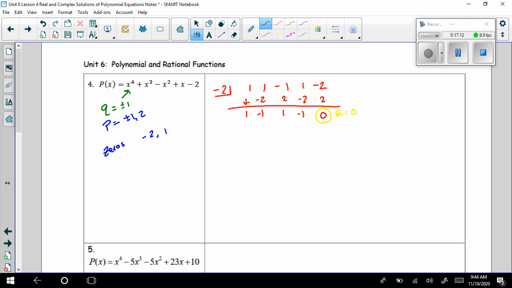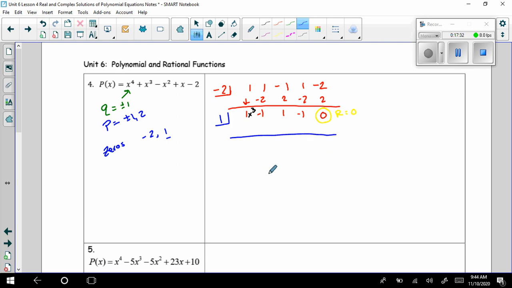Now, what I've just accomplished is getting this down to an x to the third. All right, well, that still, again, doesn't help me. I do only have 4 terms now, so I can attempt to factor by grouping. But I know that it has another 0 at 1. So instead, I'm just going to keep dividing.